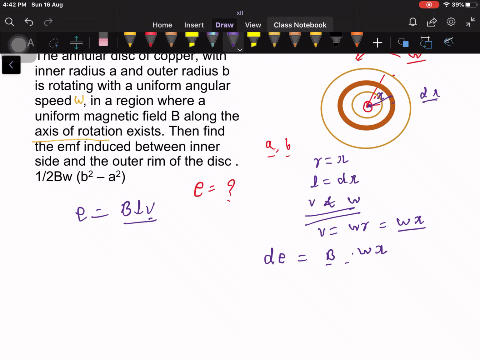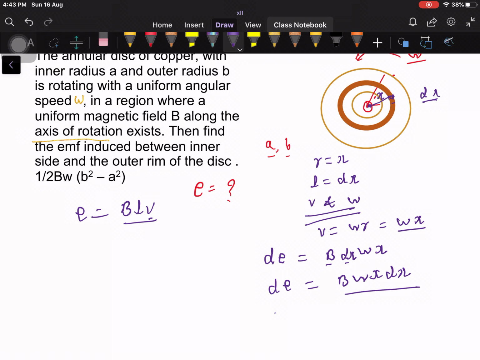Length is dx. So I can write this dx here. If I arrange it again, then I have B omega x dx. L means width, length, so this is the length we are going to take, that is dx. So dE is equal to B omega x dx.